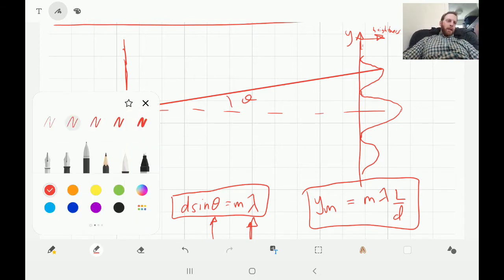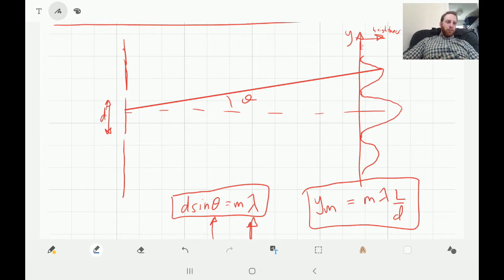So if you're looking at, say, red light, you know that blue light has a shorter wavelength. So the pattern that you might expect to see for blue would still be peaked at the center, but the location of the first minimum and also the first order maxima will be more like this, just for example.